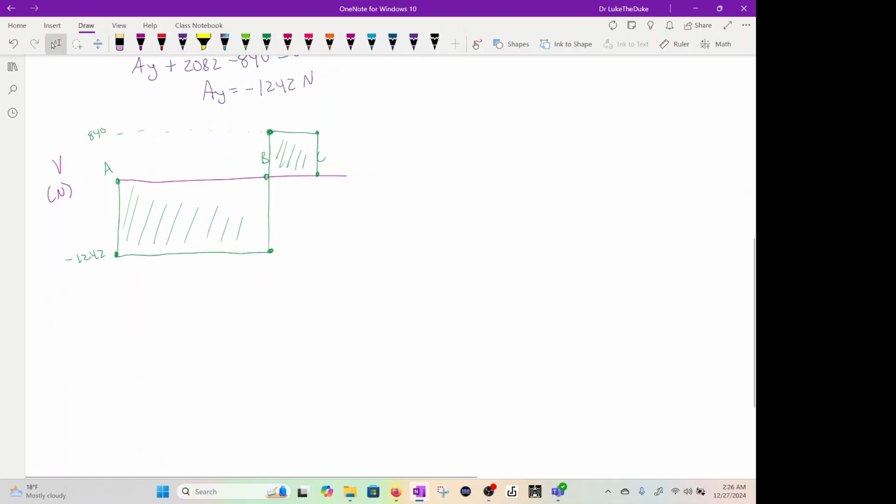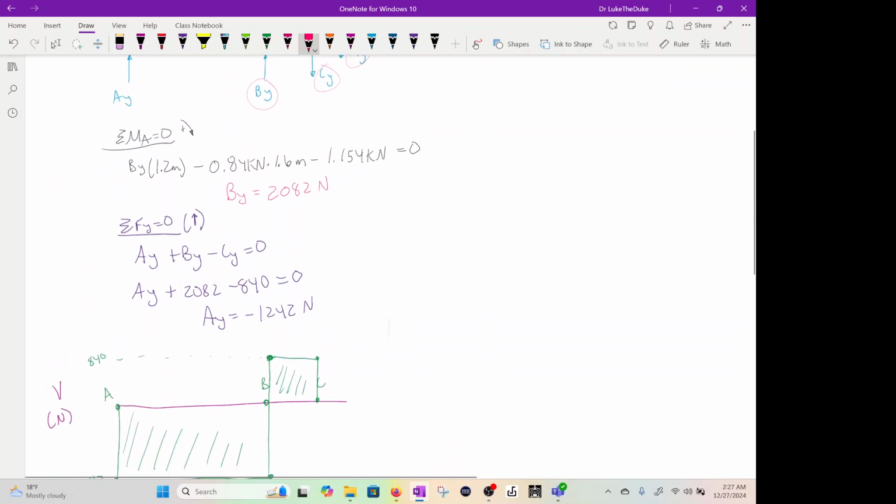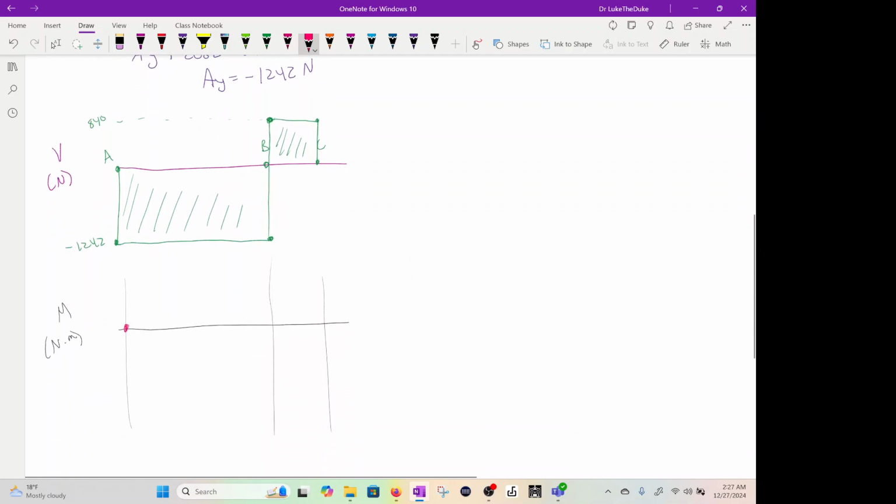Okay, now the moment, and then I'll kind of do these light lines here. Moment, newton times a meter. Let's go with red. So there's no moment at A, all right? I think that's part of the problem. Like in the problem, it says no moments at A for that instance.